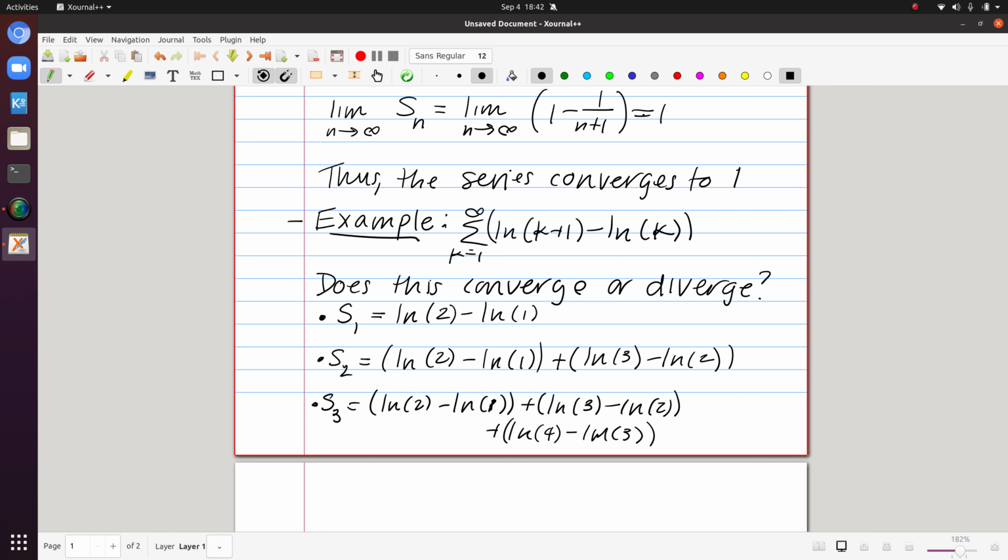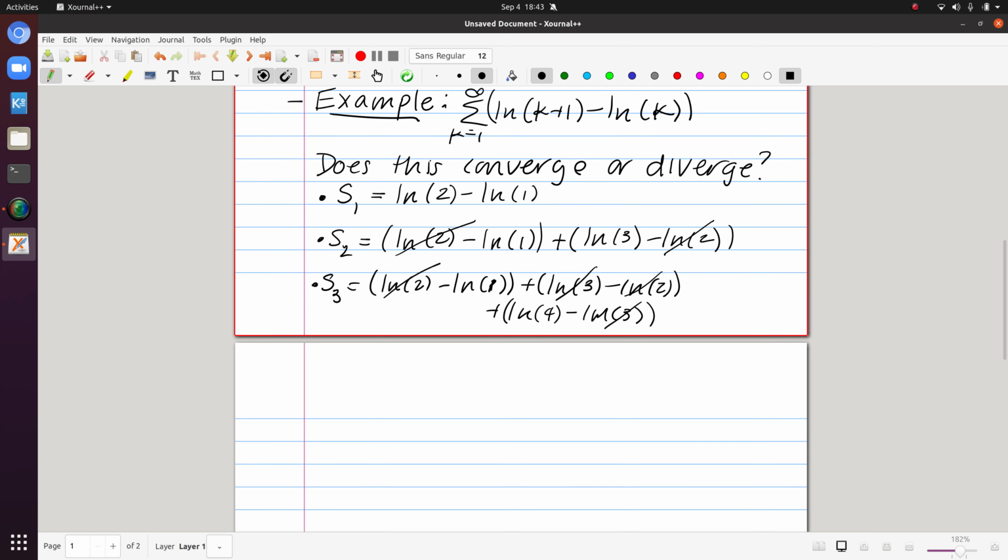And already I'm at a part where I'm convinced of a pattern. I can see that we're canceling off terms as we move along, to a point where I can deduce what S sub n should be. Notice in this instance, what will never cancel off is the minus natural log of 1, which is 0.